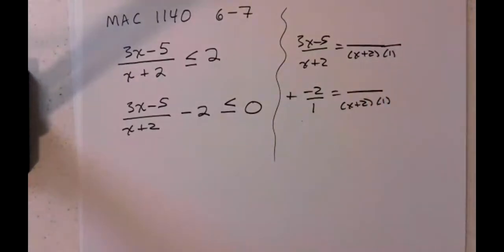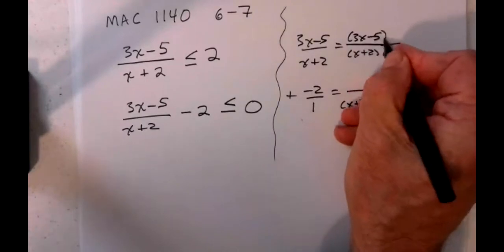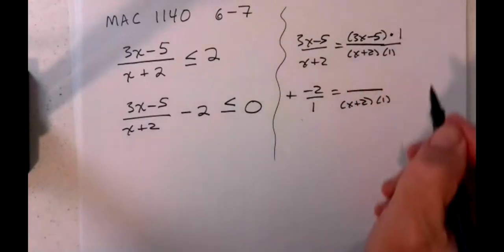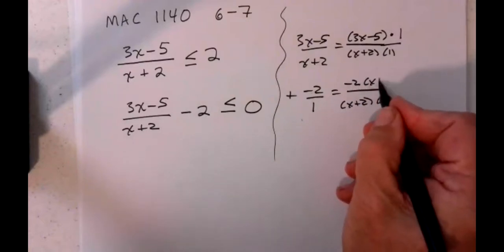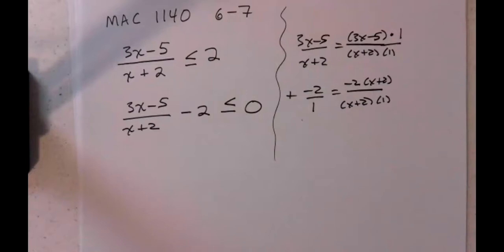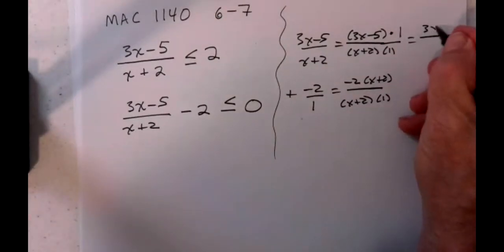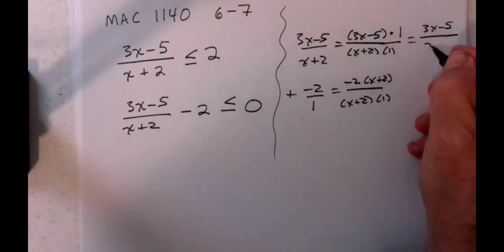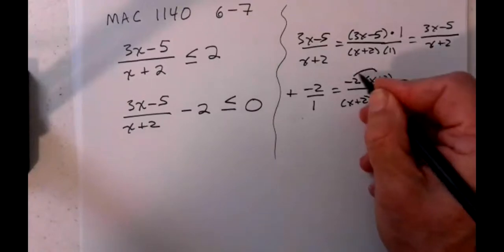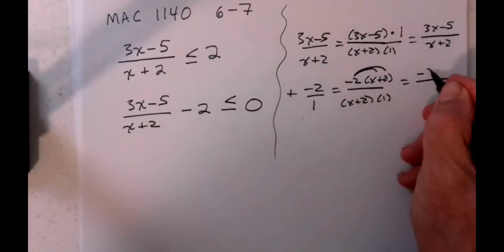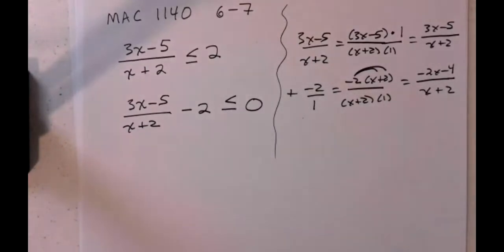So to build our new fractions with the common denominator, 3x - 5 was there before, 1 is new. Negative 2 was there before, 1 was there before, x + 2 is new. So this fraction becomes (3x - 5)/(x + 2), and this fraction becomes (-2x - 4) when we distribute, over x + 2.